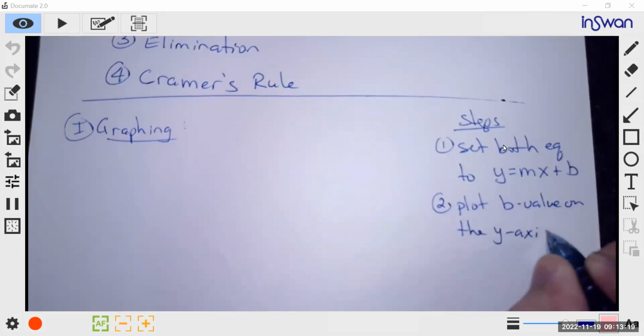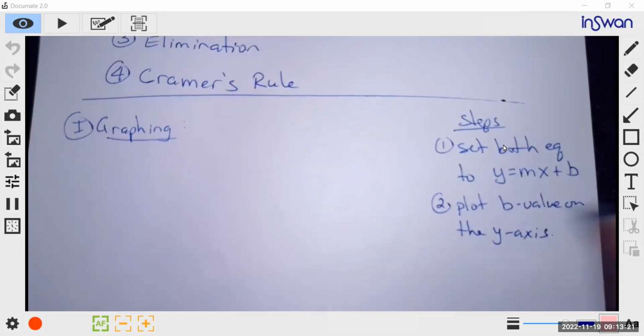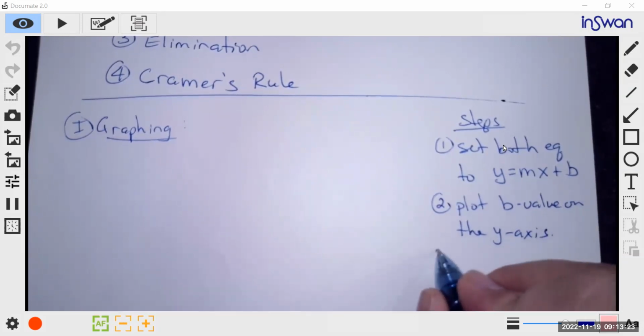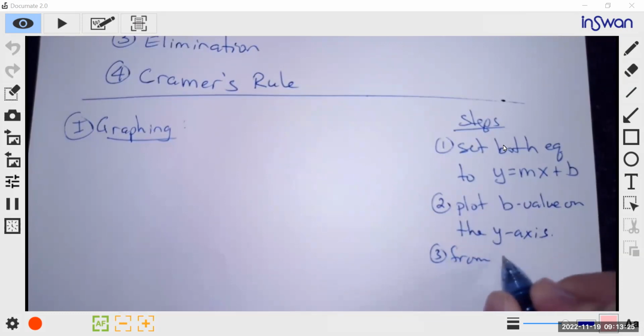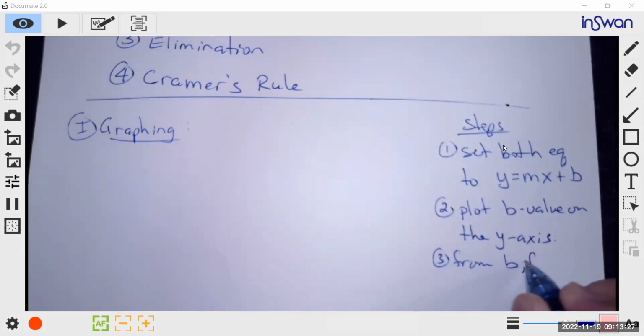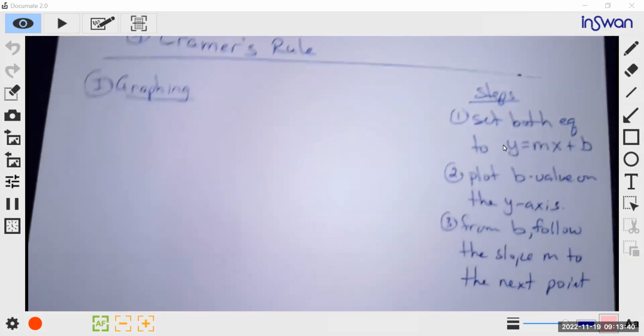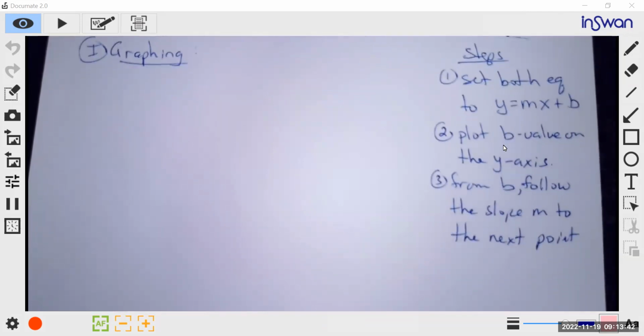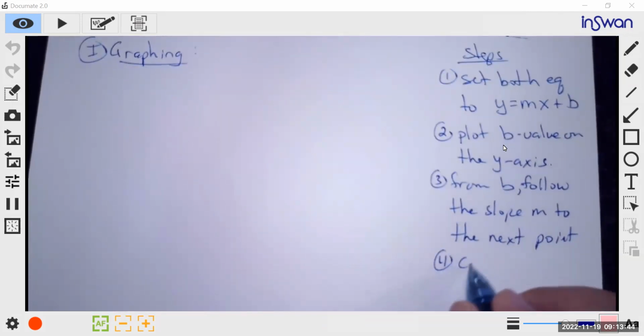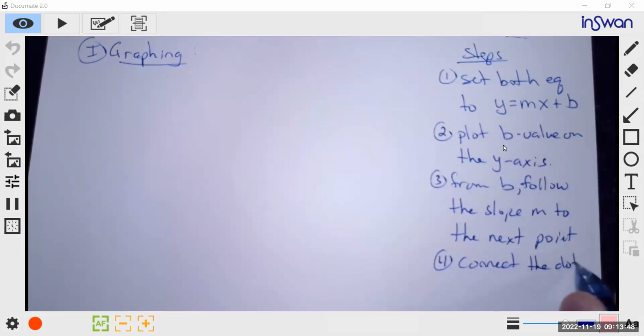Remember, the b value is the y-intercept, so plot the y-intercept. From b, follow the slope m to the next point and connect the dots.